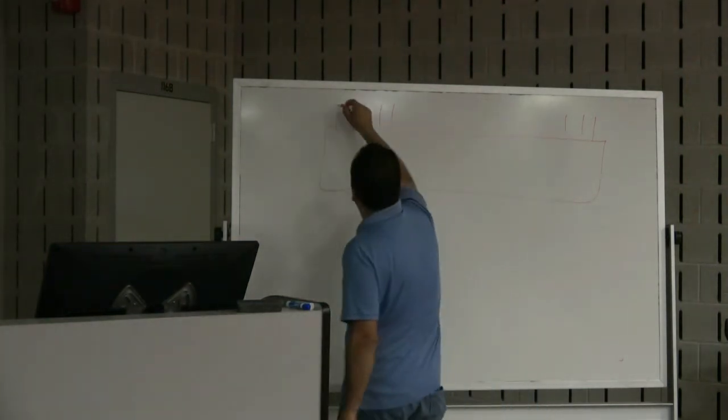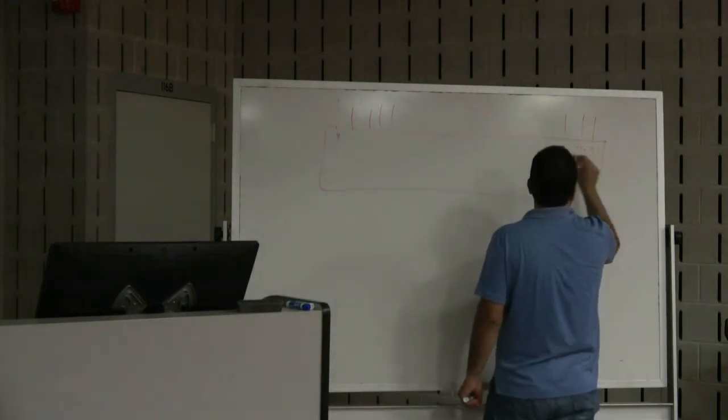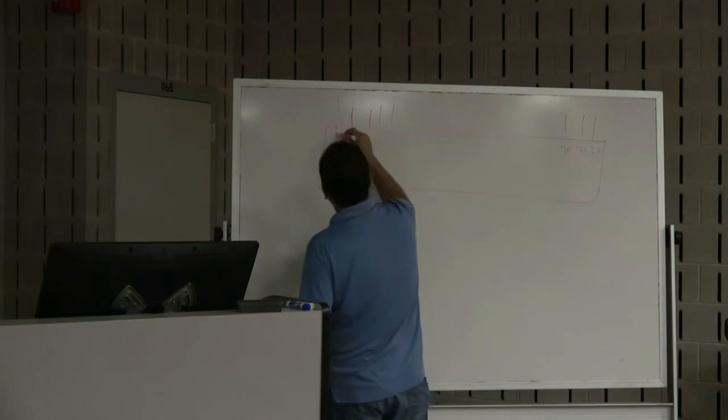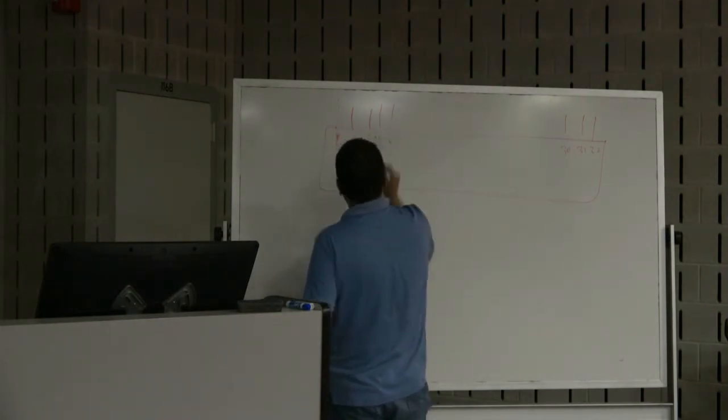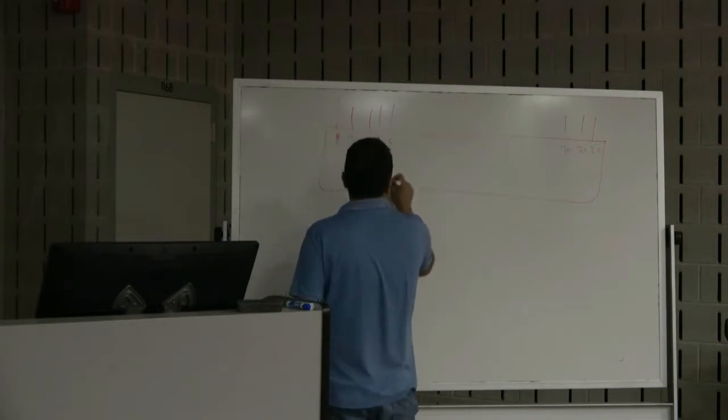Let me number them 1, 2, and so on, down to 32, 31, 30. And you have outputs 1, 2, 3, 4.